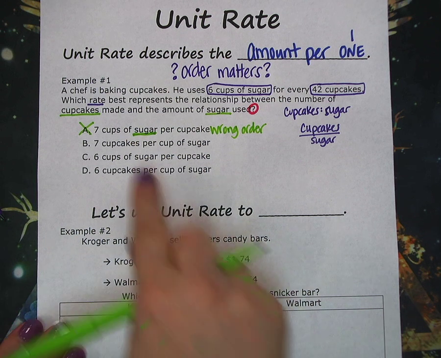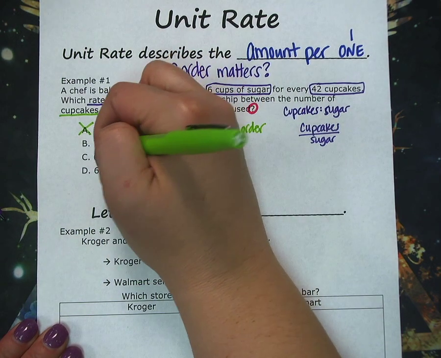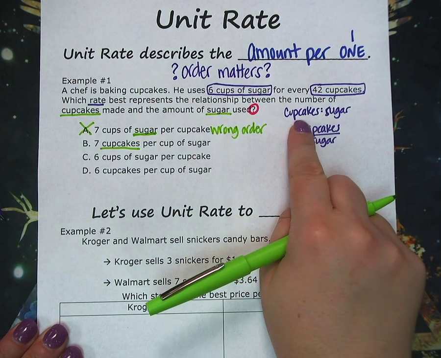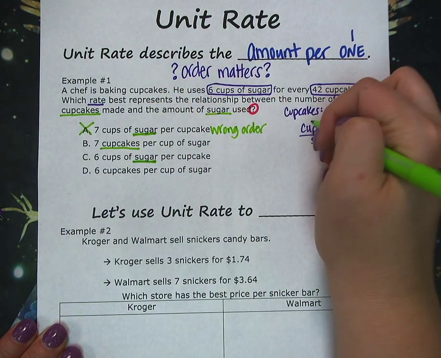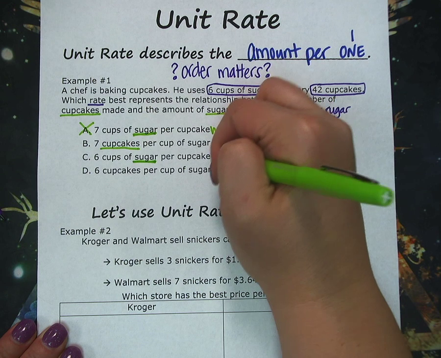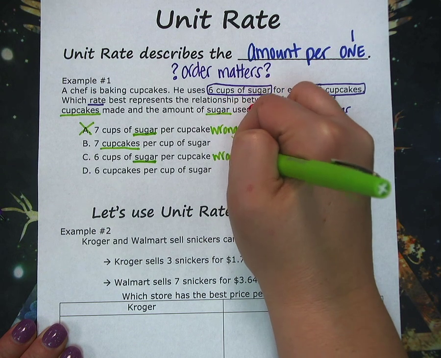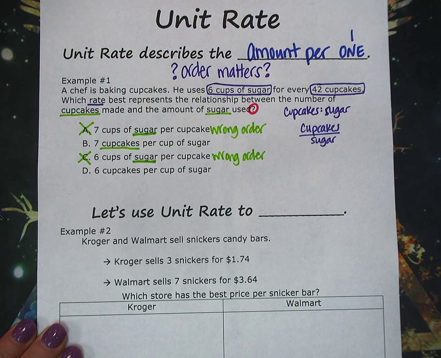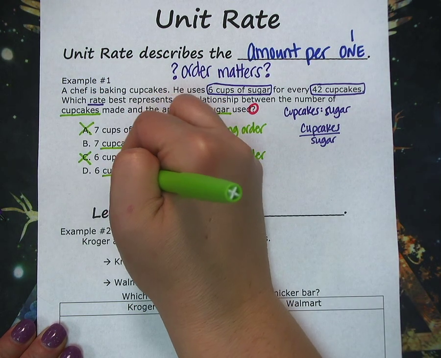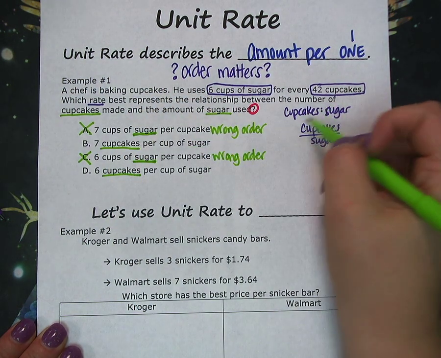Then the second one, cupcakes is first, and that's what I'm looking for. Letter C, sugar's first again. That's not what I'm looking for. So again, this is the wrong order, and therefore C is out. And then the last one is D, cupcakes, and that's what I'm starting with.